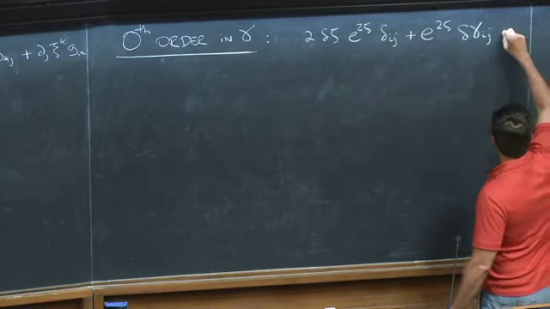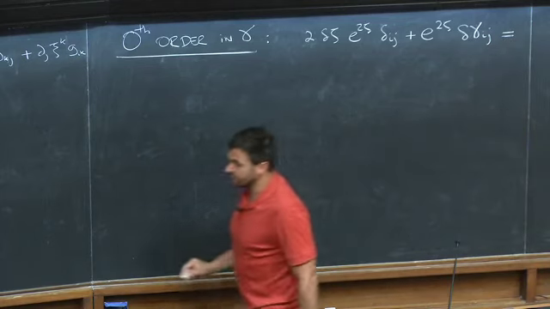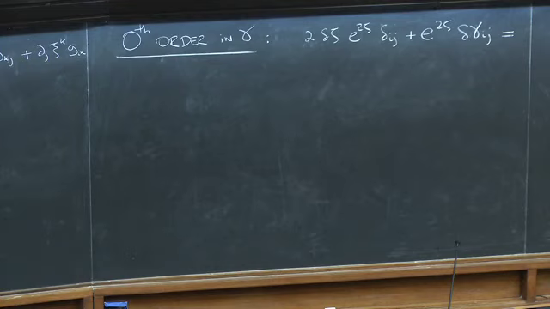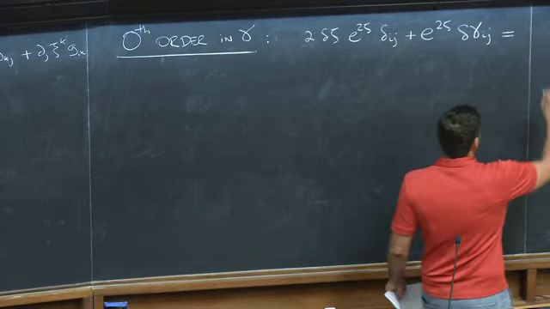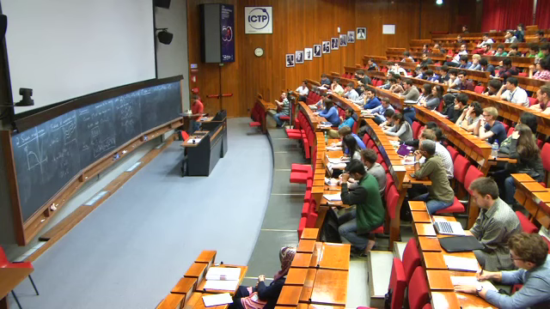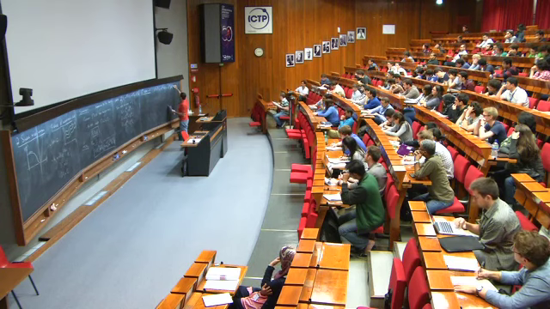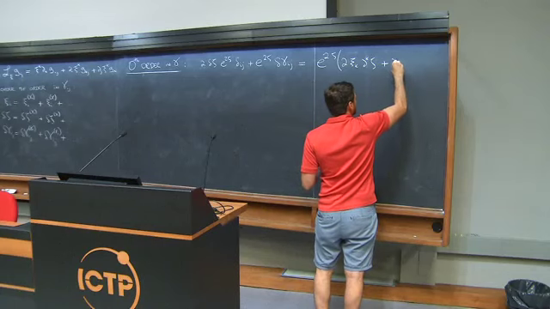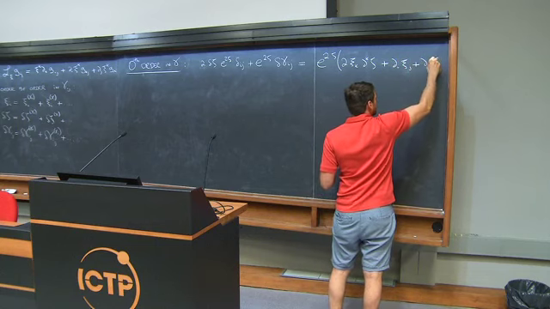So that's the left-hand side. And on the right-hand side, we just have to compute this Lie derivative. Since I'm working at zeroth order in gamma, I can set gamma to 0 from the get-go. So here's what you find when you turn the crank. You find e to the 2 zeta times, if you just compute this Lie derivative, it's really straightforward, twice ck dk zeta plus di cj plus dj ci.